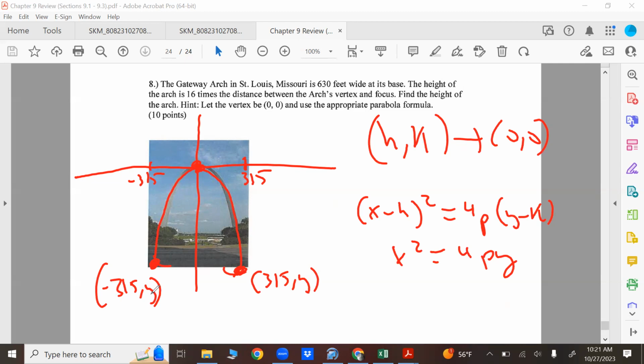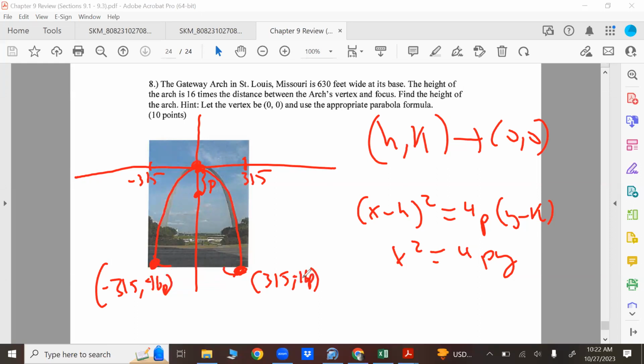Okay. We're also told the height of the arch is 16 times the distance between the vertex and the focus. So if that's p, it'll be 16p. So I could change those y's to p's now. So that's going to be negative 16p.